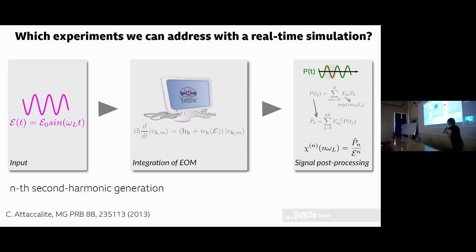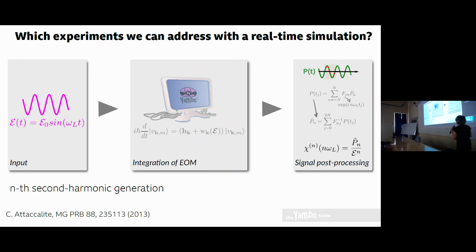If you want second or third harmonic generation, it should be either nth or second harmonic generation, so any second or third harmonic generation, then we can input a monochromatic field.